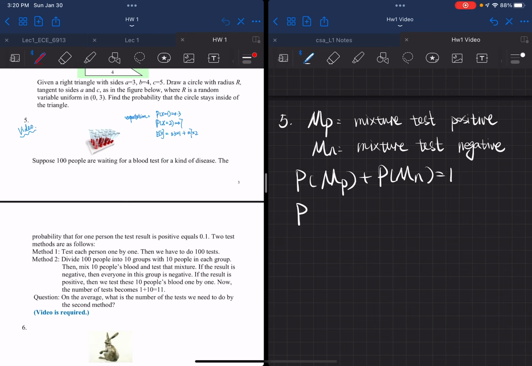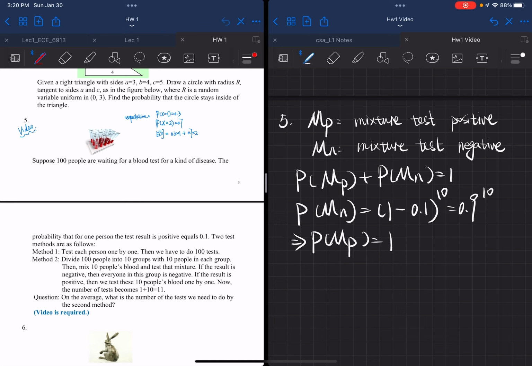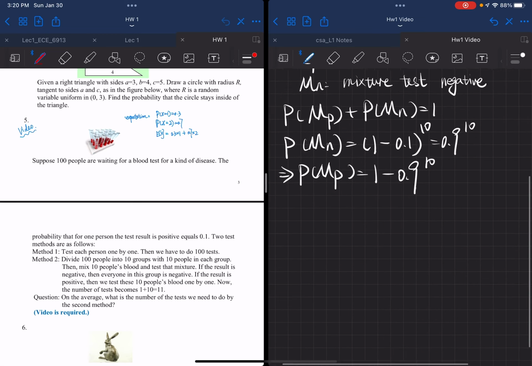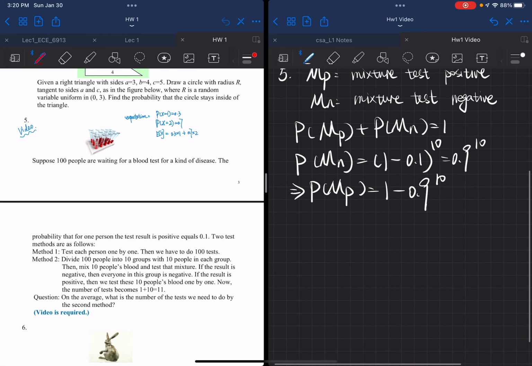So we have the probability of Mn equals each person's blood being negative, which is (1 minus 0.1) to the power of 10, 0.9 to the power of 10. And so we have P(MP) equals 1 minus 0.9 to the power of 10. So here is the mixture test result probability.